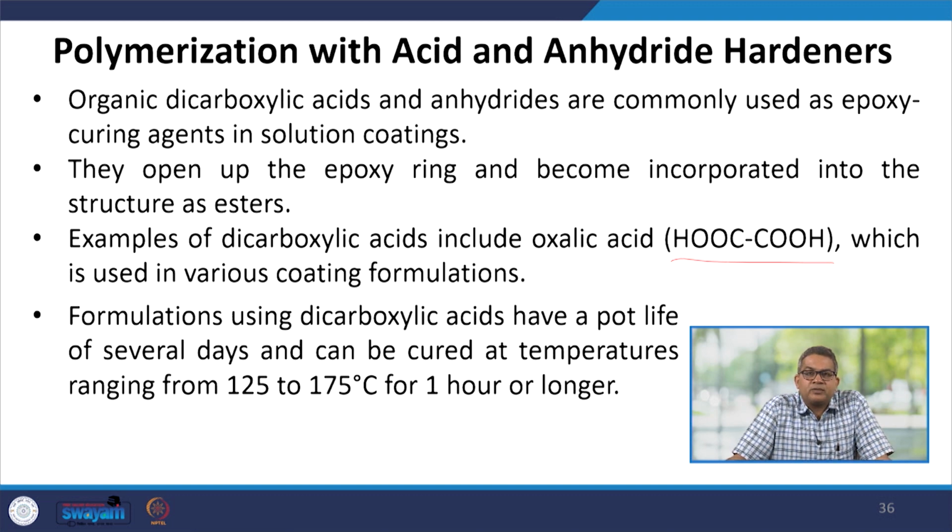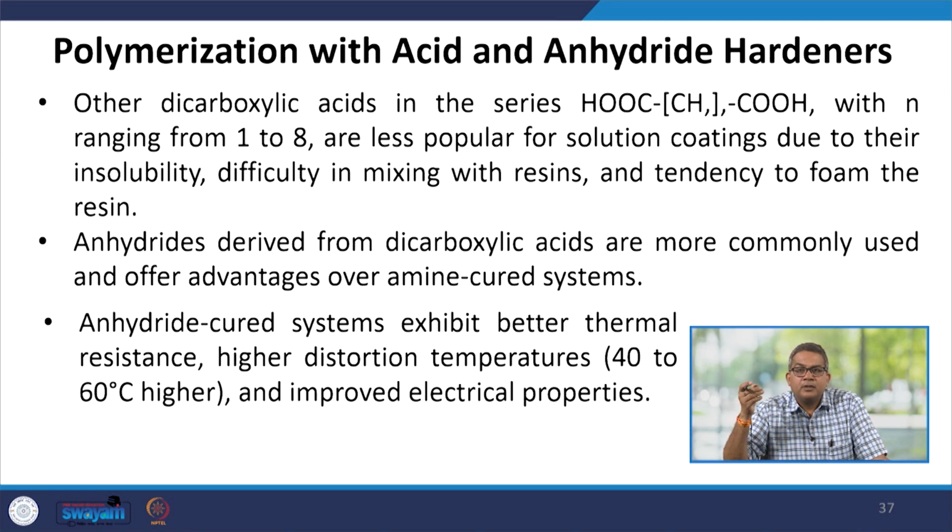Formulations using dicarboxylic acid have a pot life of several days and can be cured at temperatures ranging from 125 to 175 degrees Celsius for 1 hour or even longer. Other dicarboxylic acids are in the series like HOOC-(CH2)n-COOH, with n ranging from say 1 to 8.